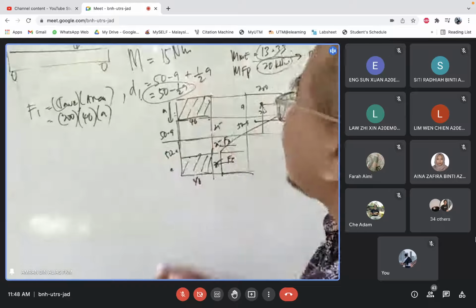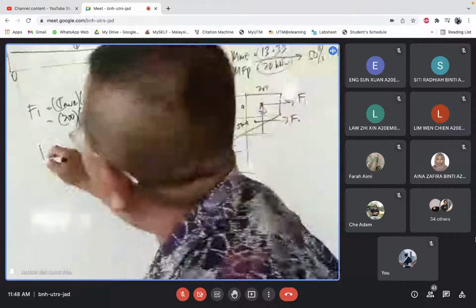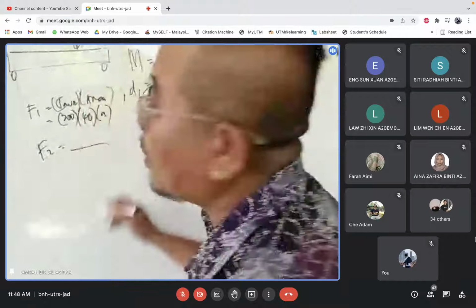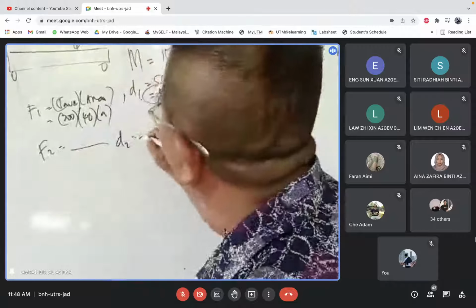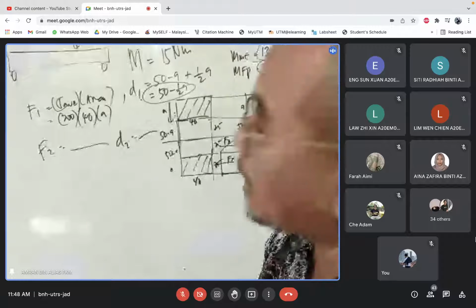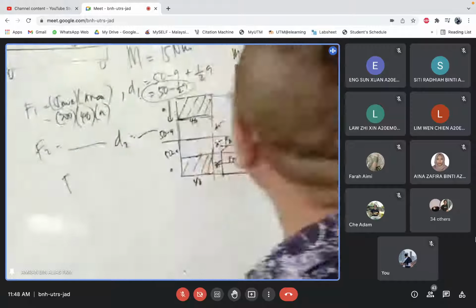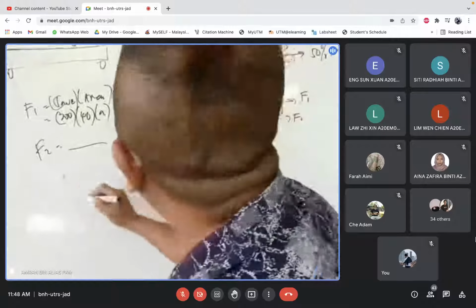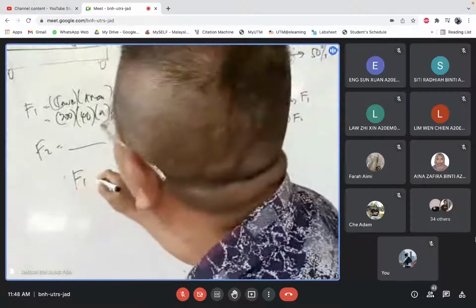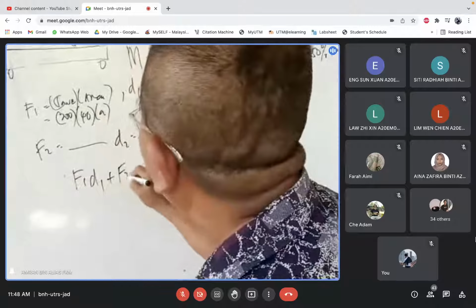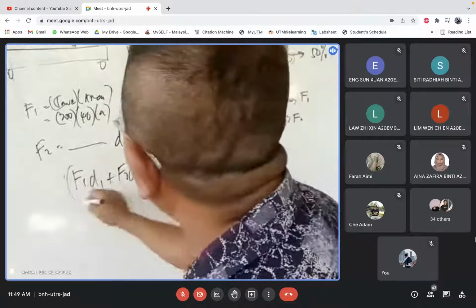And the same thing with your F2. Can you do that D2 in terms of A? Yes. F3 is also the same. So for symmetry here, F1 times D1 plus F2 times D2, and then times 2.